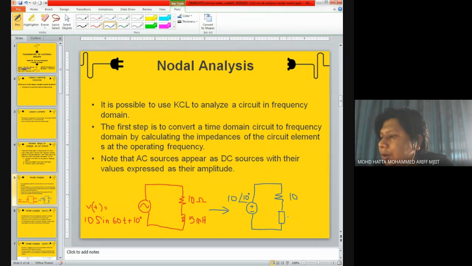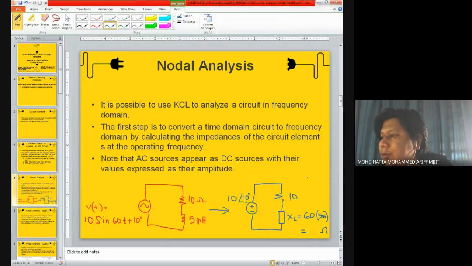For your XL, it will come from 60 times 5 milli, and you should get your answer in ohms over here. Later on, you can combine these two elements.